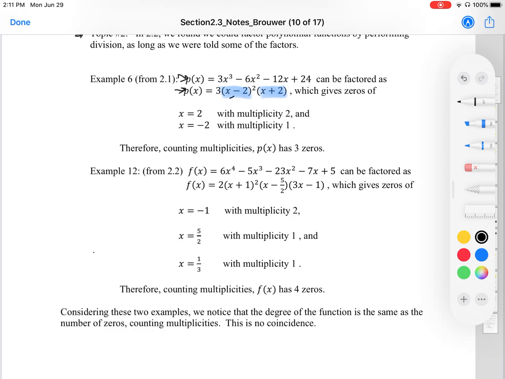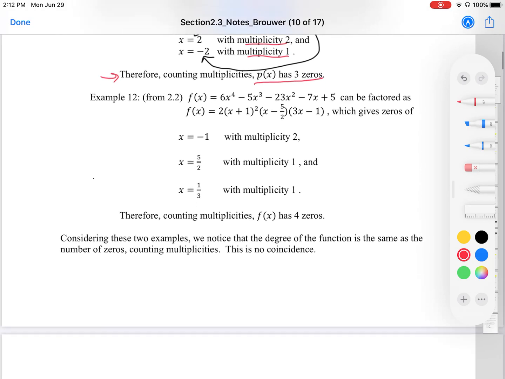So I have x minus 2 gives me x equals 2, and x plus 1 gives me x equals negative 1. And the multiplicity refers to our exponent. So I have a 2, this is the exponent of 2. This other zero only happens once, thus the multiplicity of 1. Therefore, counting the multiplicities, p of x has 3 zeros.